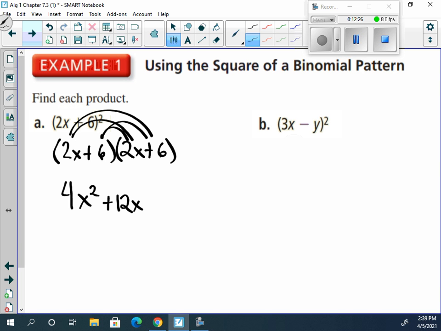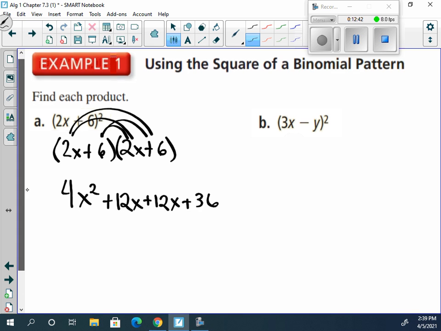So any questions on this here so far? Then we can do 6 times 2x. Well, 6 times 2 is going to be plus 12, and we have our x, and then 6 times 6 will give us plus 36.